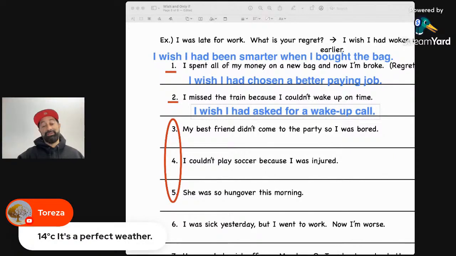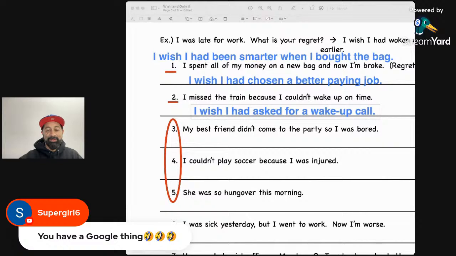Teresa, 14 degrees, it's perfect weather. It is. It's really nice, actually. It gets much cooler in the evening, but it's really, really nice weather. You have a Google thing? Not Google. I have the Amazon one, Alexa. I just got it during Black Friday. I got the new 50-inch Samsung TV in the van from the Black Friday sale.